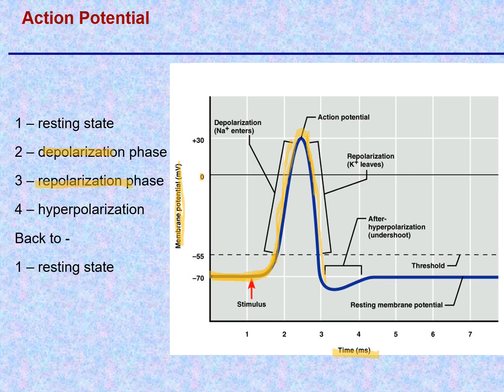It even shoots over deeper, so you get hyperpolarization, and then what returns it to the normal resting membrane potential of minus 70 is the sodium-potassium pump.